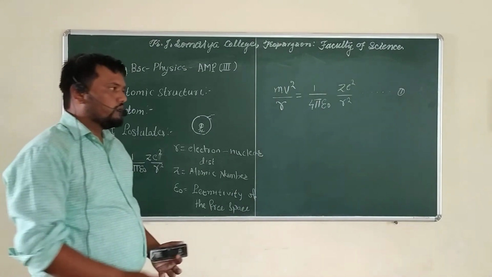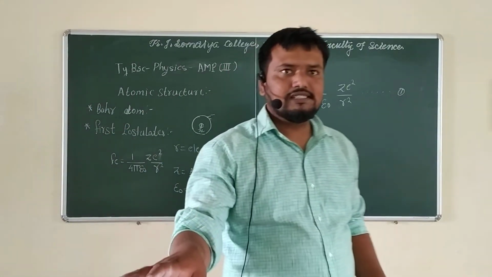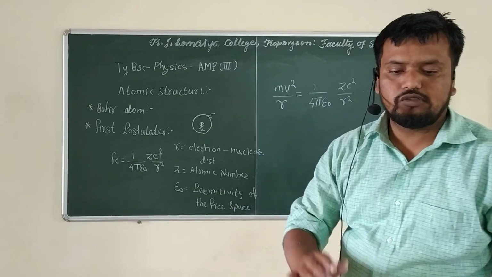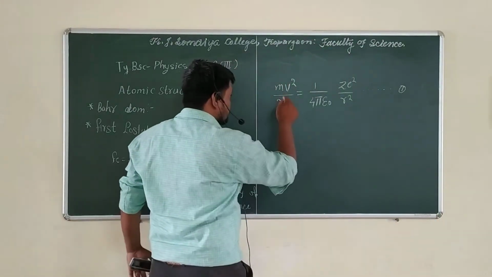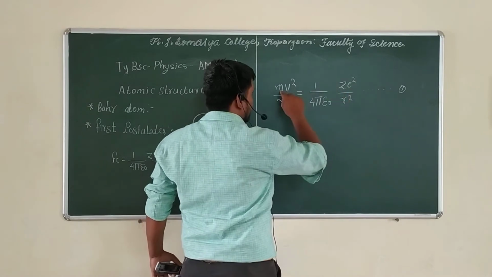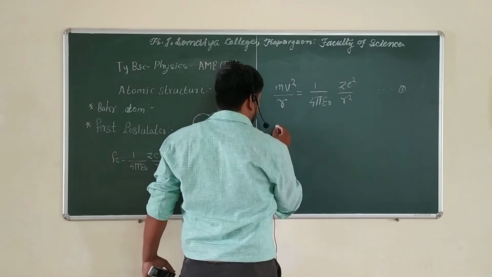We equate this and calculate the velocity. Here, these go to the numerator and m goes to the denominator.